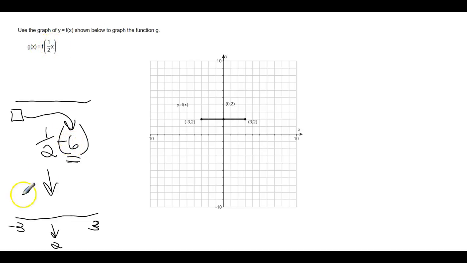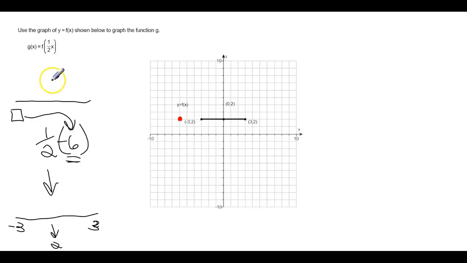So instead of it being at -3 right here, we're actually going to start at -6. So there's 3, 4, 5, 6. And that point is still going to be sent to 2, as it was before, but it didn't occur at -3. The leftmost point, which was -3 in the old f graph, is -6 in the g graph.